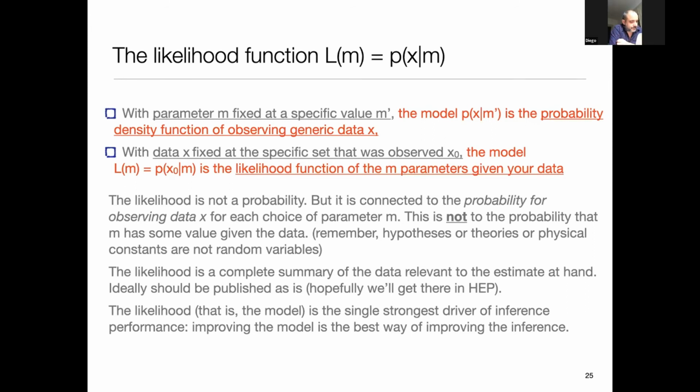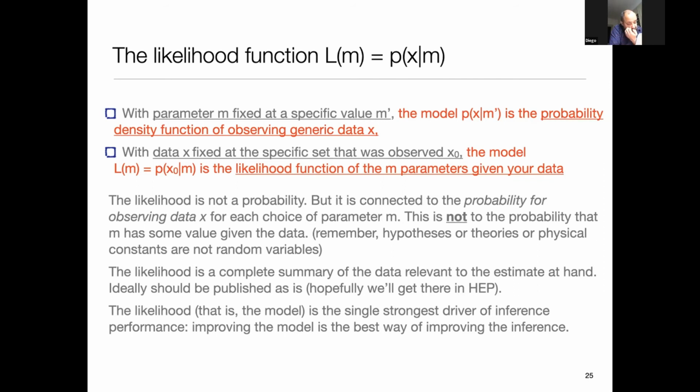Remember that this is not the probability of M. This is not the probability that M has some value given the data, because that is the prior. And we're not dealing with the prior, we're dealing with the likelihood. Okay? And we do not assign probabilities to things that are not repeatable.